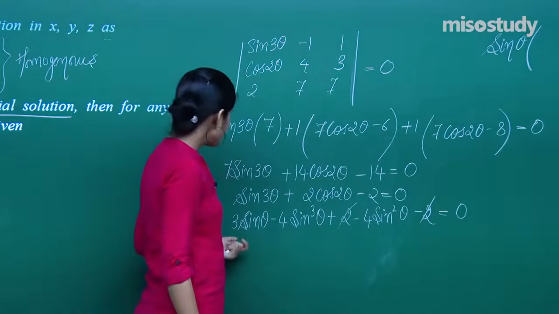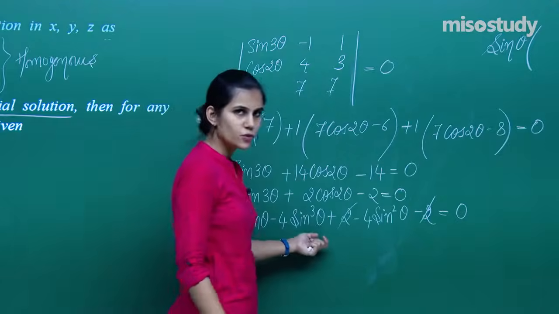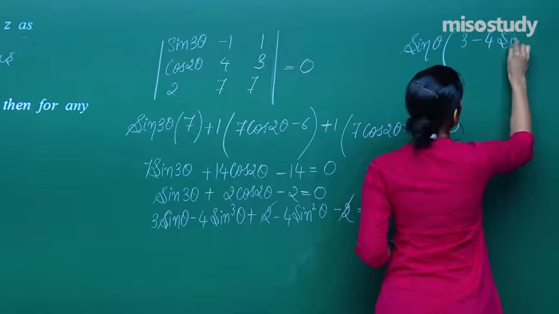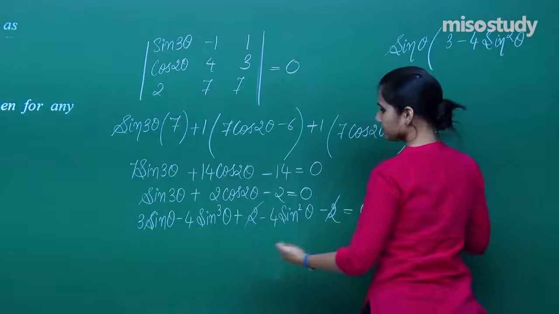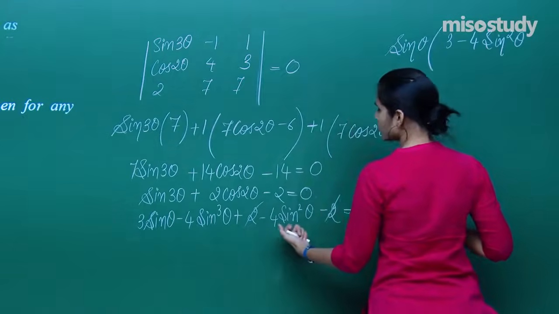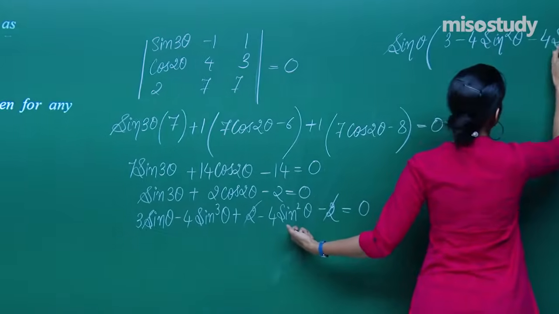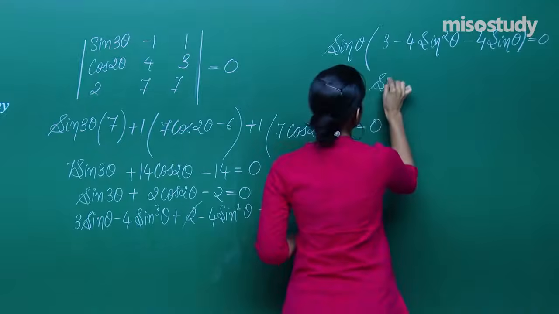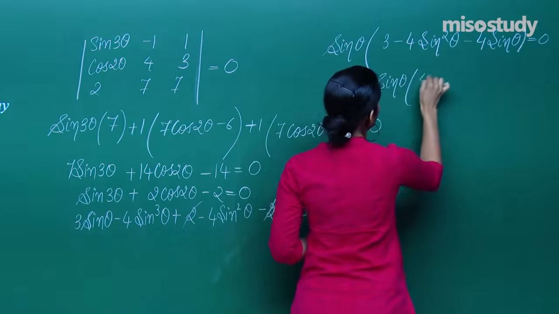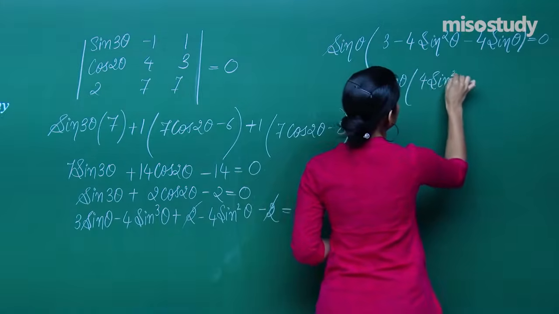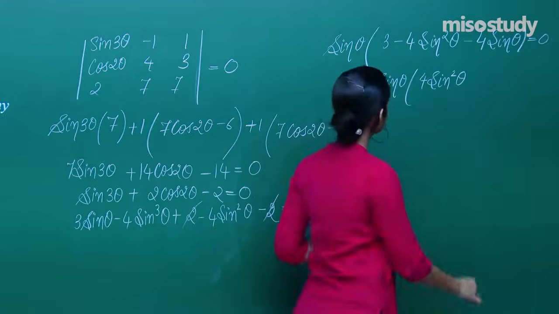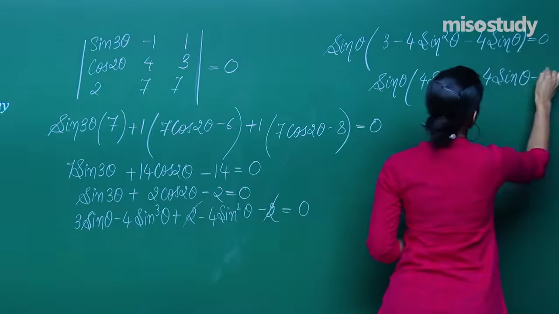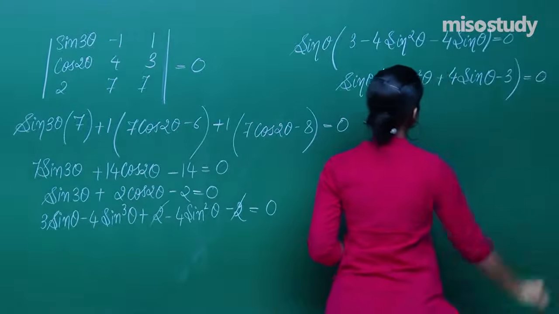What are you left with? You are left with 3 minus 4 sine square theta, minus 4 sine theta. Or you can write it as sine theta times (4 sine square theta plus 4 sine theta minus 3) is 0.